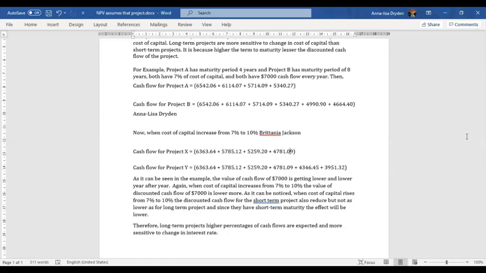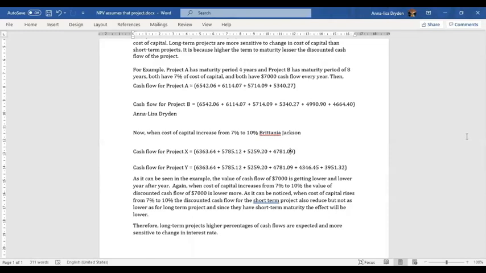The discounted cash flows for the short-term project also reduced, but not as much as the long-term project. Since they have a short-term maturity, the effect will be lower. Therefore, long-term projects with a higher percentage of cash flows expected later are more sensitive to change in the interest rate.